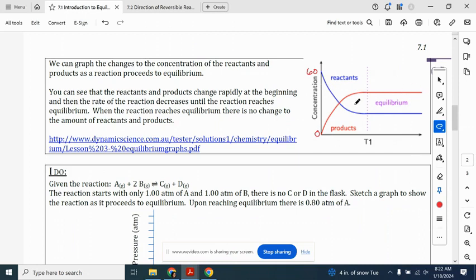Our graph would have looked a little different than this. Our reactants leveled off up here, and our products leveled off down here, because they ended with like 45 and you guys with 15. So they don't necessarily cross here. It just depends on how much stuff you're producing.